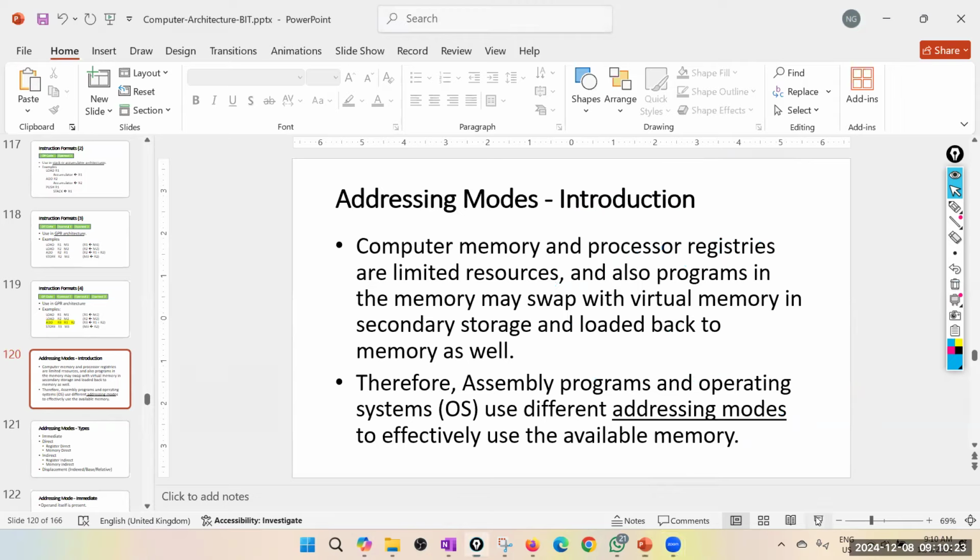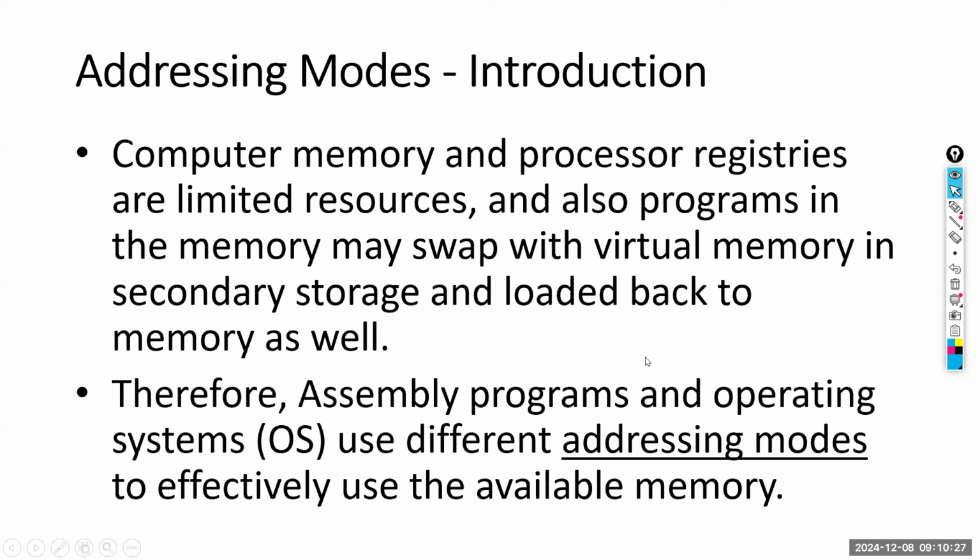Addressing modes. Okay. So as I told you, when we write Java code or Python code, we don't refer to memory addresses. But when we write assembly code, or when the assembly code is generated, that code refers to memory addresses. Okay.